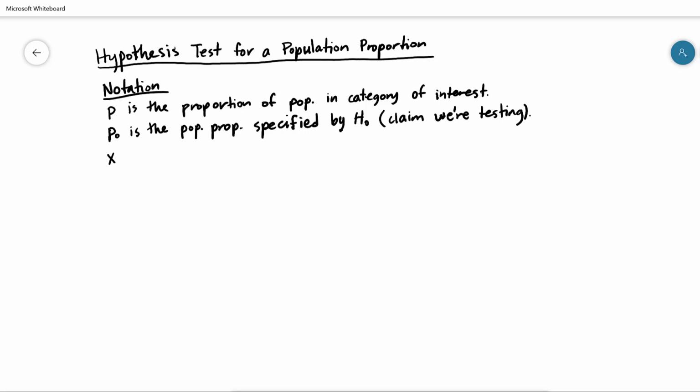We'll have x and n. x is going to be the number of individuals in the sample that are in whatever that category of interest. And n is going to be the sample size.